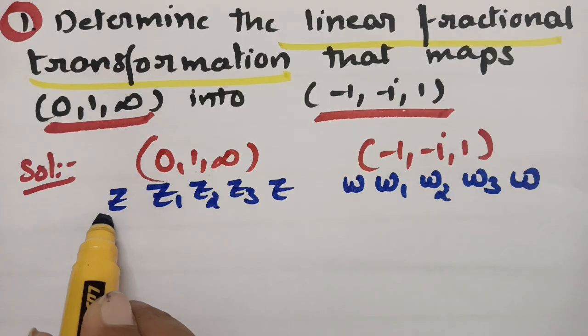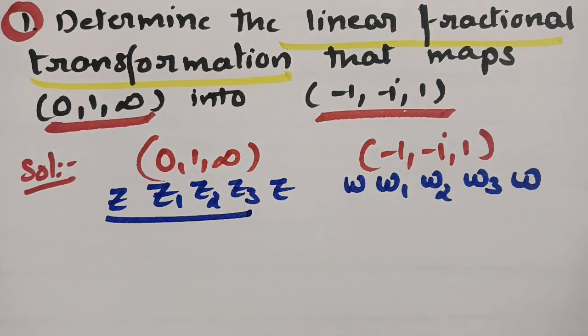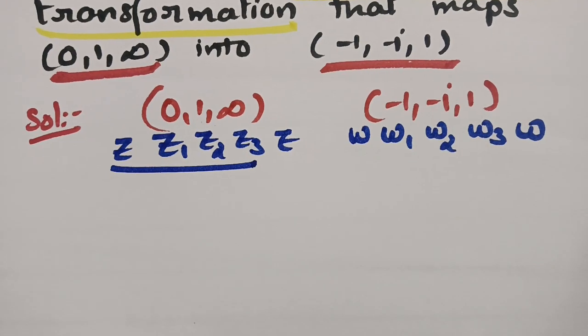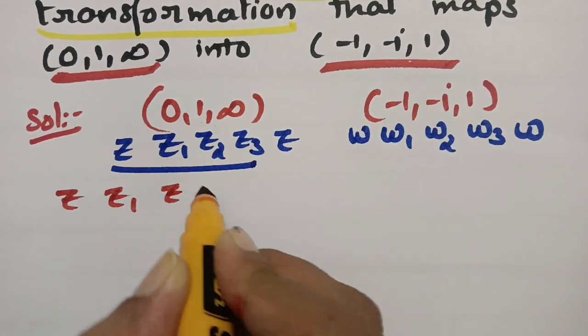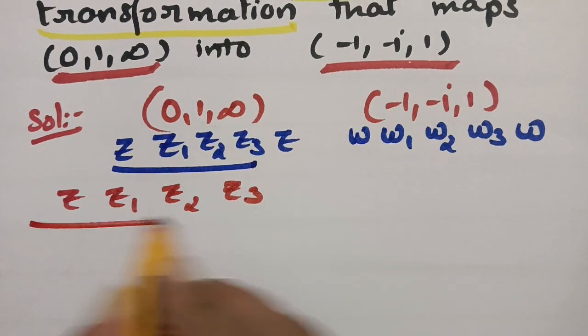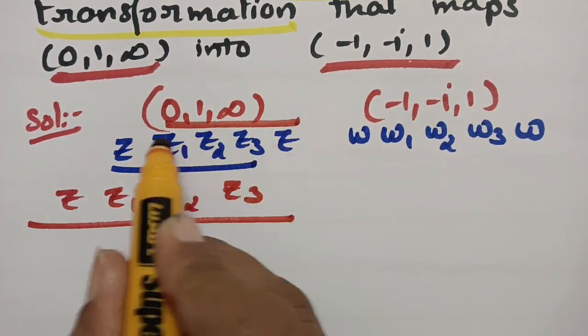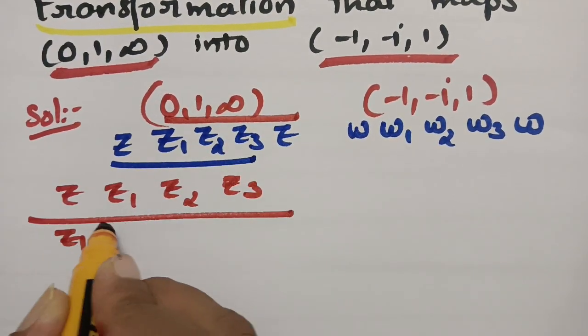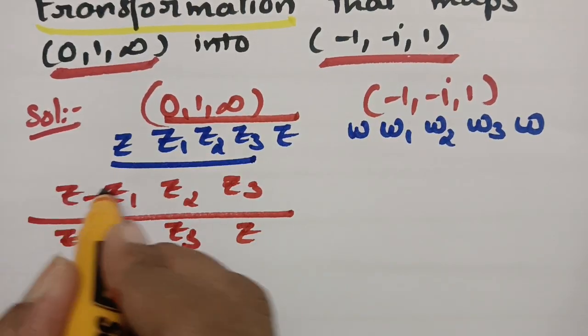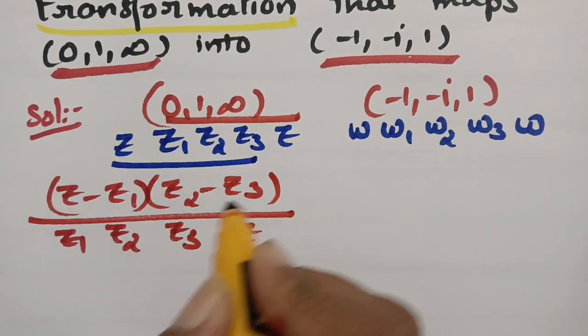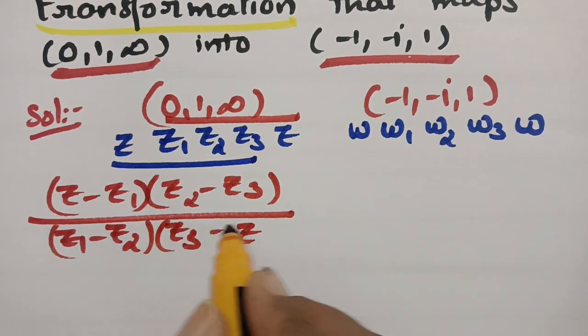First I'm taking these three points. The formula is also so simple. In the numerator we consider z, z1, z2 and z3. In the denominator we consider these four points: z1, z2, z3 and z. This is an easy way to write and remember the formula.